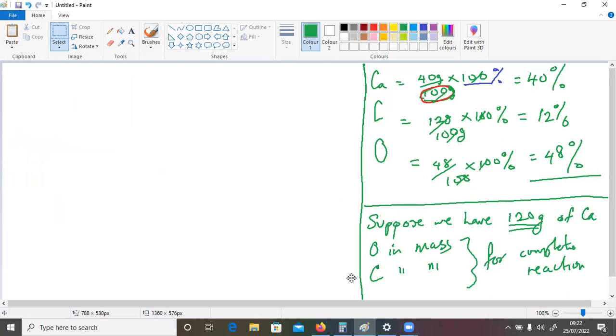The first step, of course, would be to look at our calcium carbonate.